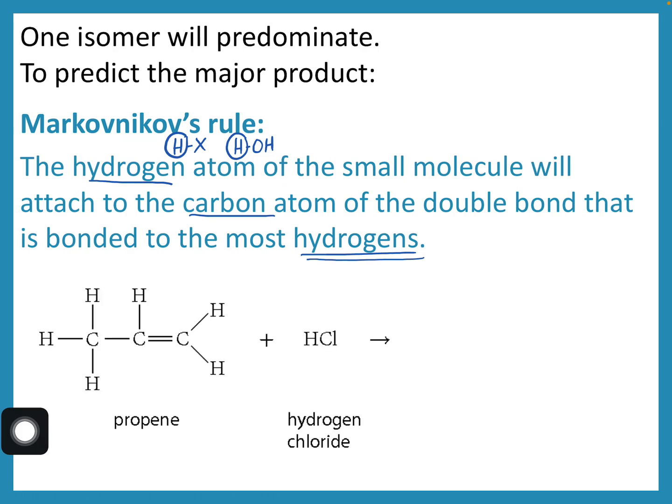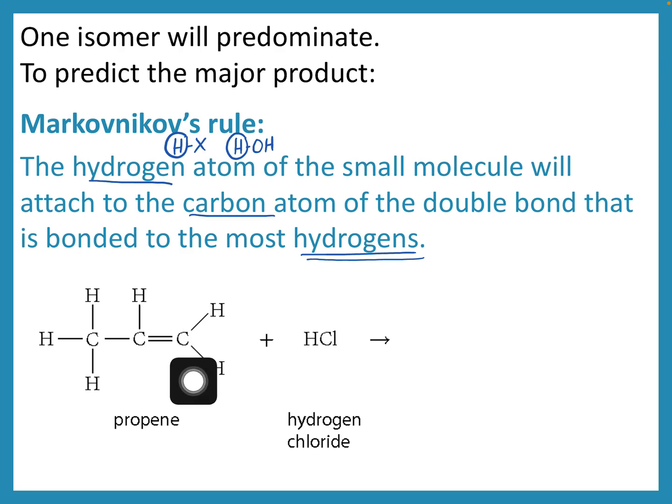So over here I have propene again. So these are the 2 carbons in the double bond. That's where that is going to break. So the hydrogen could attach here or here, and then the chlorine could be here or here. So which one's going to happen? So Markovnikov's rule for the major product, so most of the product created will be this isomer. So the hydrogen is going to attach to the carbon that has the most hydrogen. So this carbon is attached to 1 hydrogen right now.